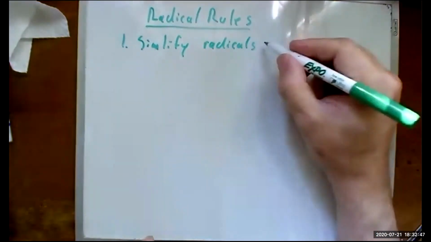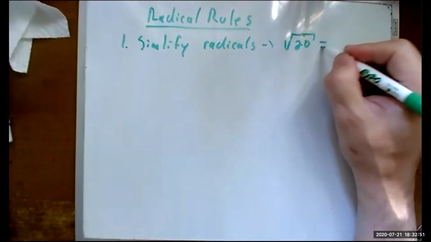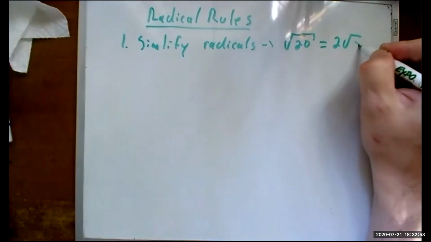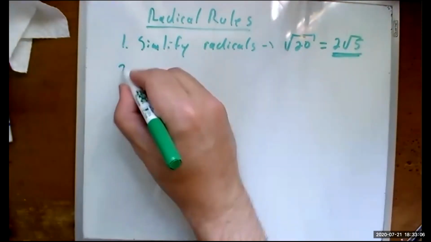Always simplify. One, simplify radicals, which is to say, if you've got root 20, that should actually read as 2 root 5. If you can make it simpler, make it simpler.